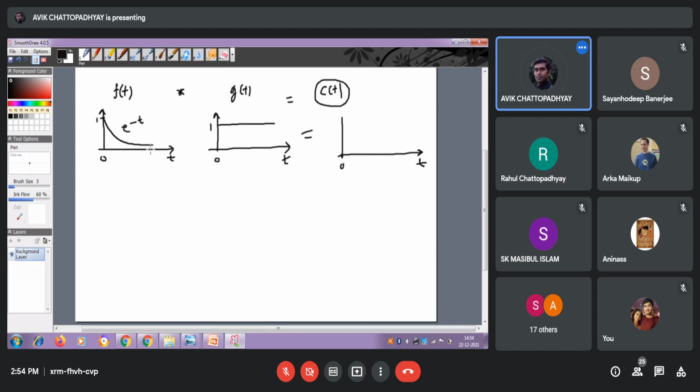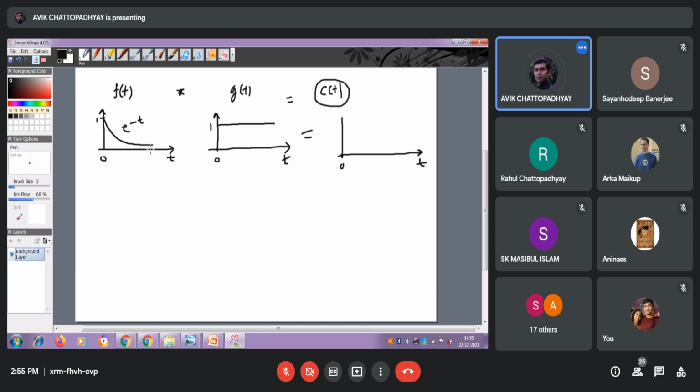Now we just see how the overlap portion is getting changed. Then you have to find the area under the curve and so on. So in that case, what will happen? Can anyone tell me what maximum area you can expect in this operation?